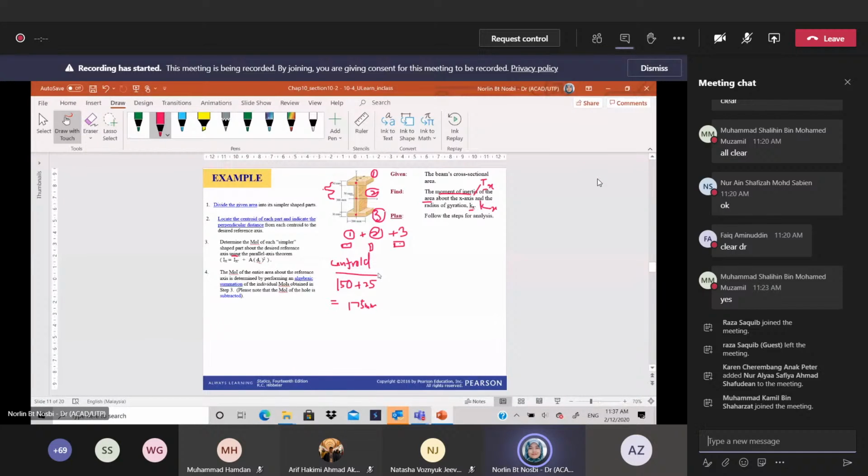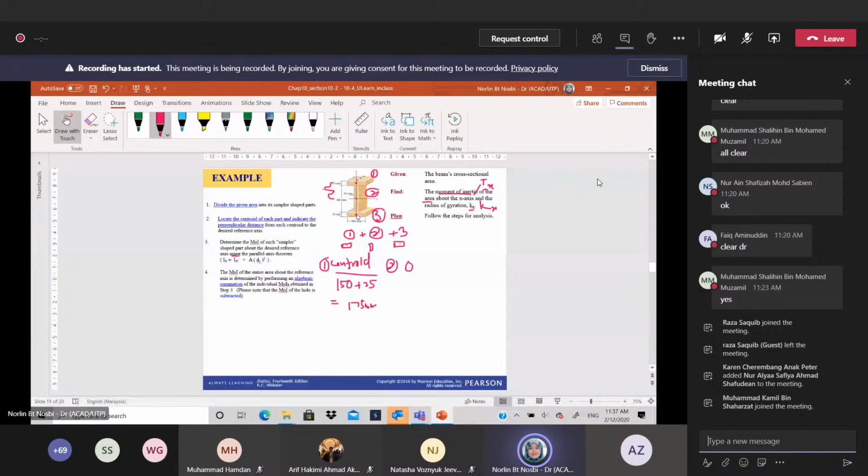Okay. So for 2, the centroid is at the middle here. It would be 0. The centroid for number 2 is 0 because it is at the middle of the axis, x and y. And then how about number 3?